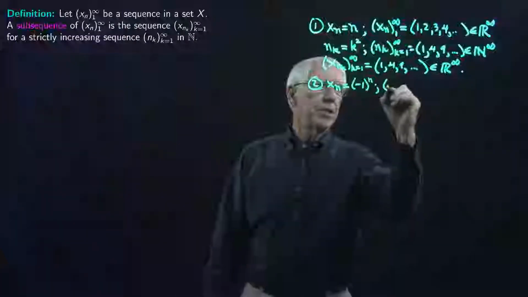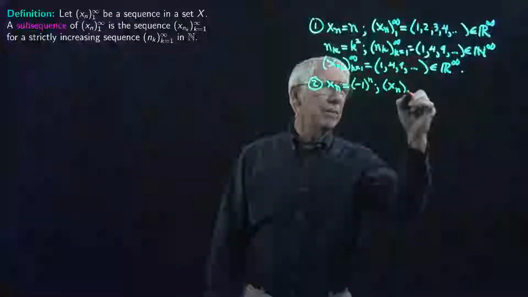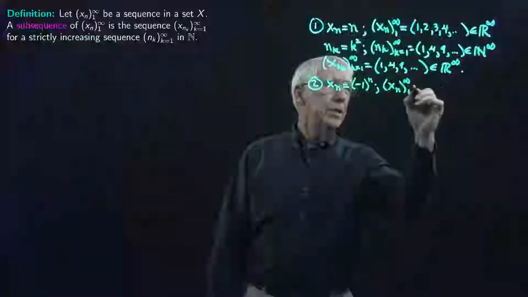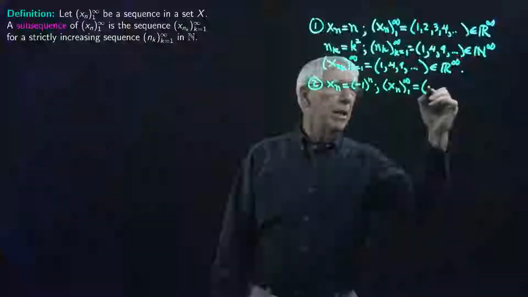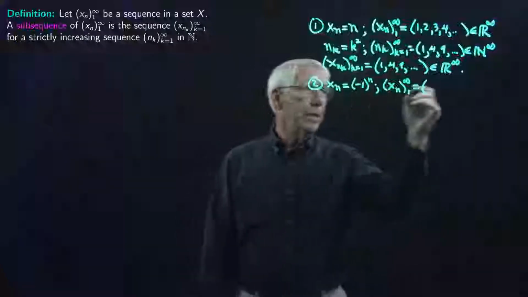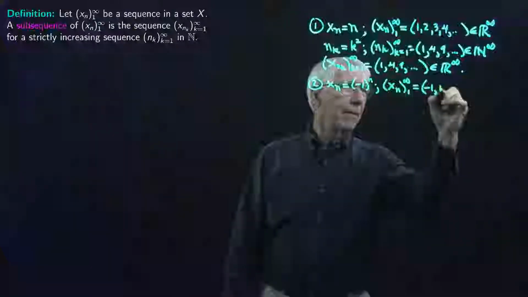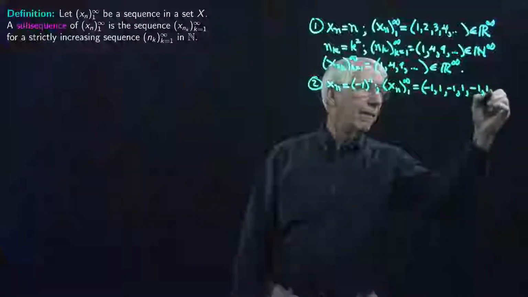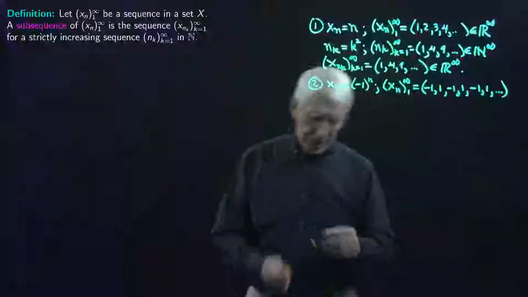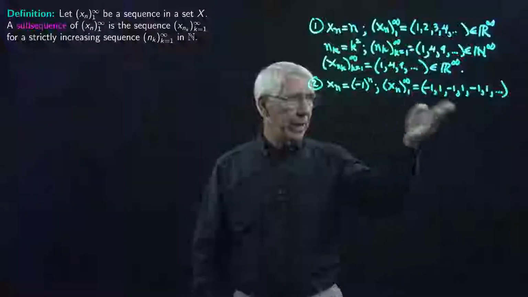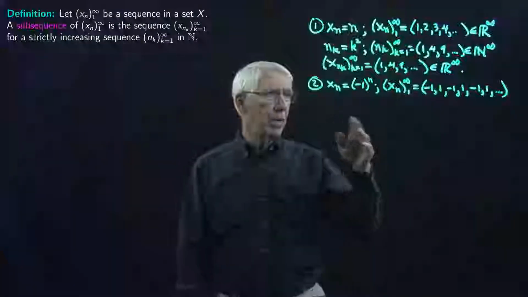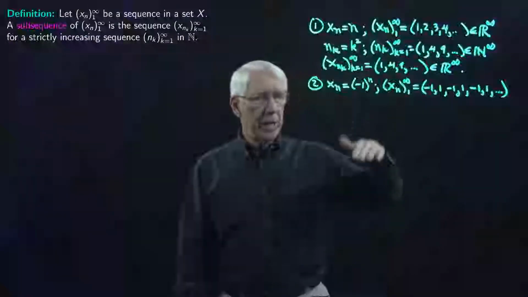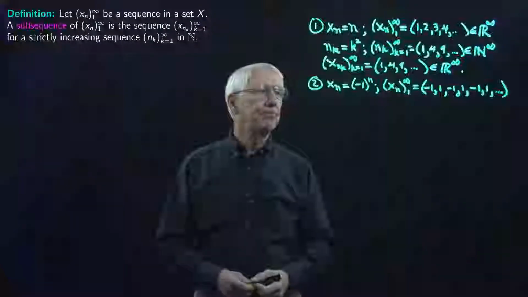Then the sequence x sub n starts, when n is 1, at minus 1, so this is a sequence that alternates between minus 1 and 1 as n goes from an odd number to an even number to an odd number to an even number.